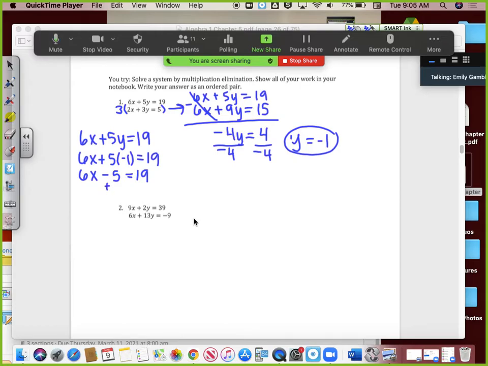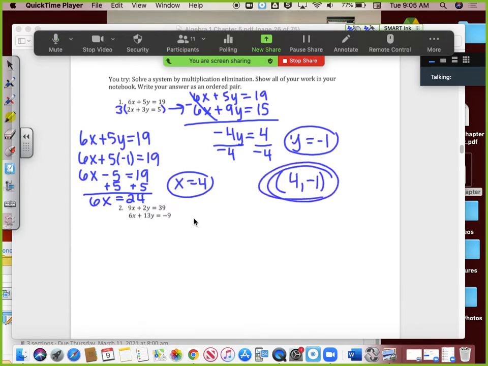So I will add 5 to both sides to solve for x. 19 plus 5 is 24, so I get 6x equals 24. I'll divide both sides by 6. I'm going to get x is equal to 4. So overall, my answer would be x equals 4 and y equals negative 1. So 4, negative 1 is your final answer for this one.